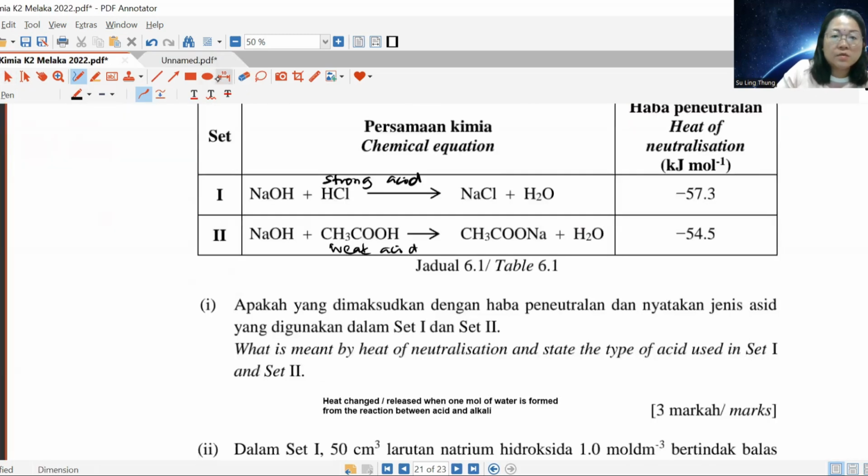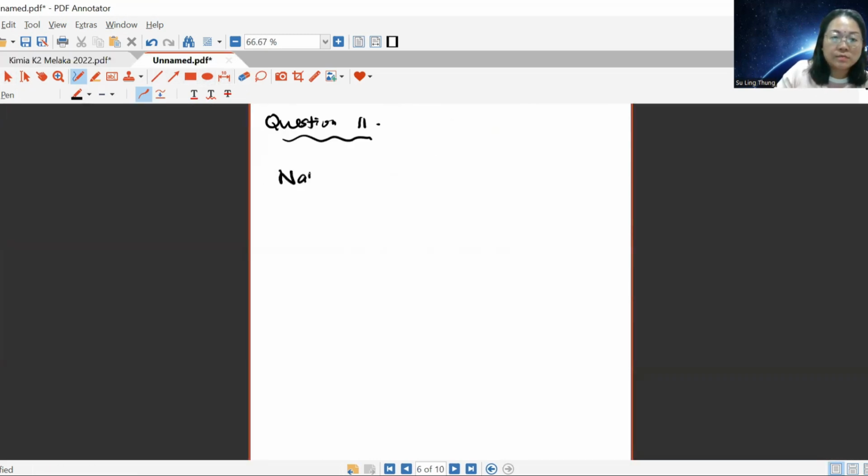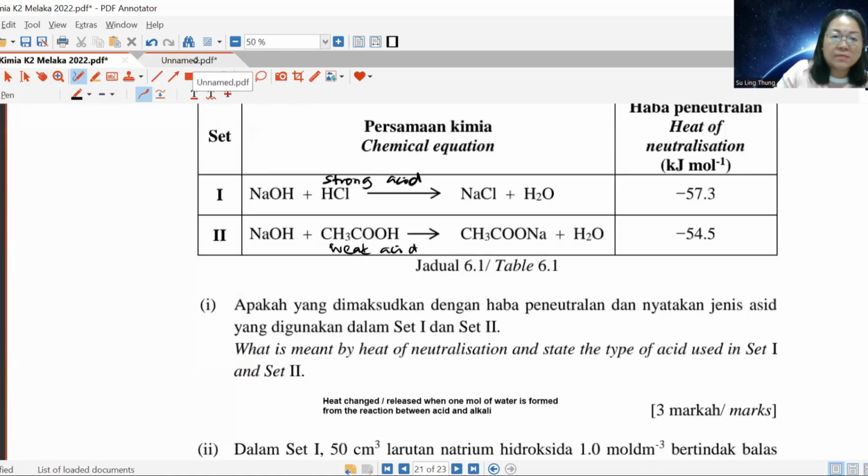We've got NaOH, we'll get NaCl plus H2O, and delta H is equal to negative 57.3.